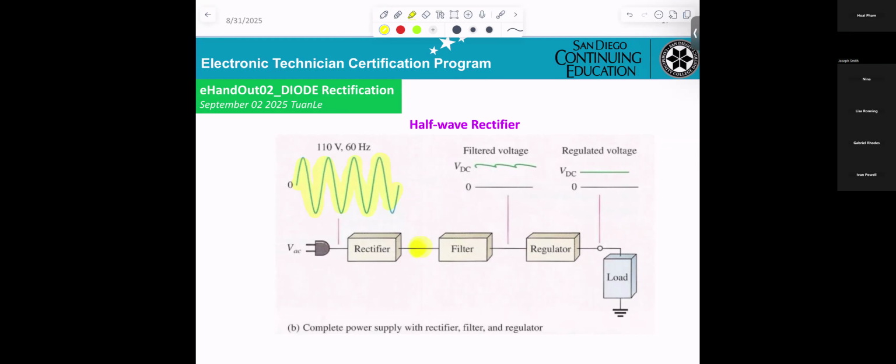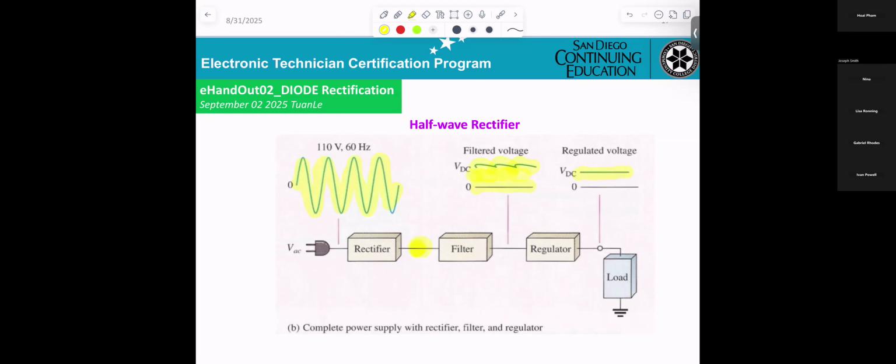Now this is zero right here, and basically that's a DC voltage, and at the top they get a ripple. That is like the noise. And when they go to the regulator, they get DC, no noise. That is the purpose of the rectifier.